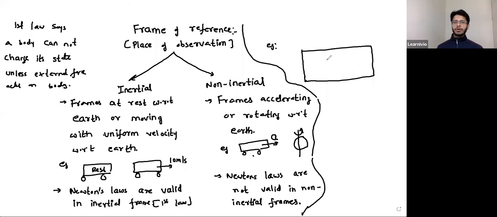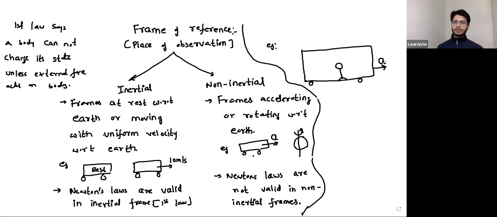So if I take a block, let's say this is a bus. This bus was initially at rest, and this is a passenger standing in the bus. As soon as the driver of the bus switches on the engine, the bus starts accelerating in this direction.